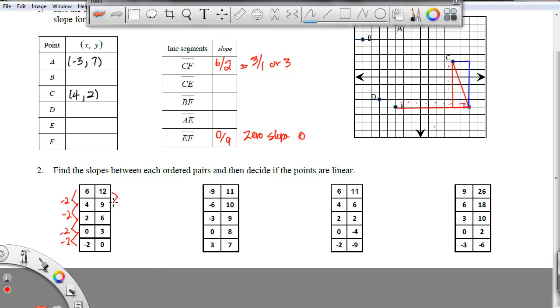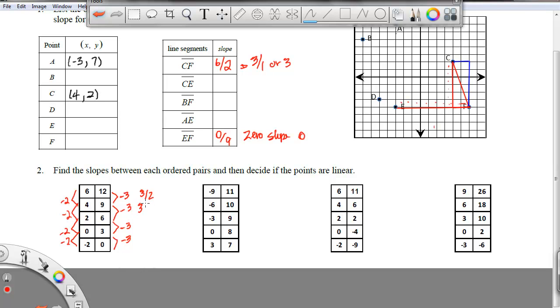Now I check all my Y's. That looks like it goes down by 3. That's down by 3. That's down by 3. And that's down by 3. And the directions say find the slope between each ordered pair. These are just the change. I want the slope, which is the change in the y's over the change in the x's.